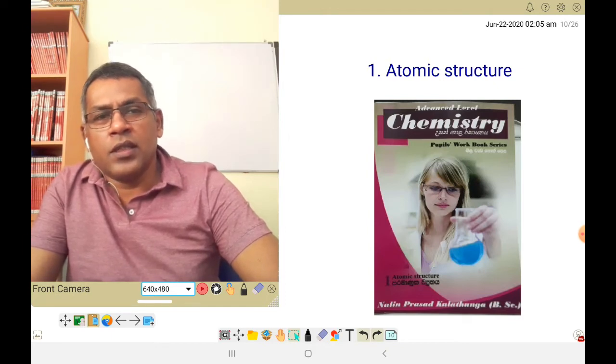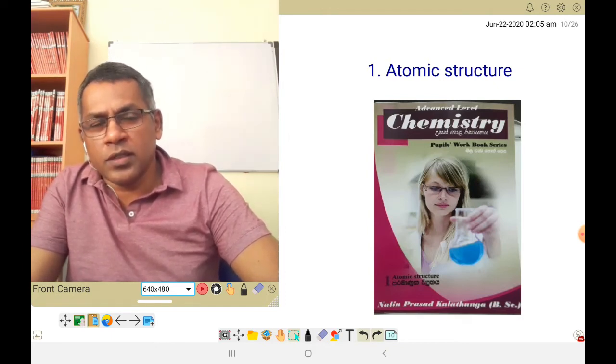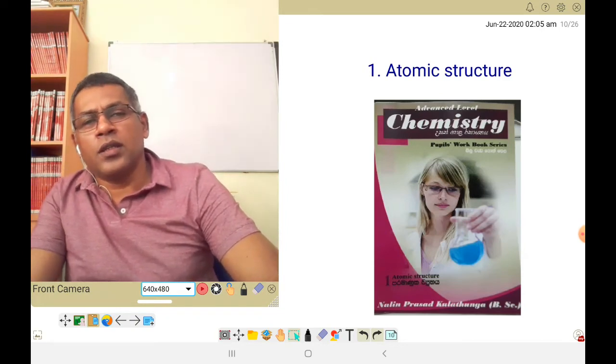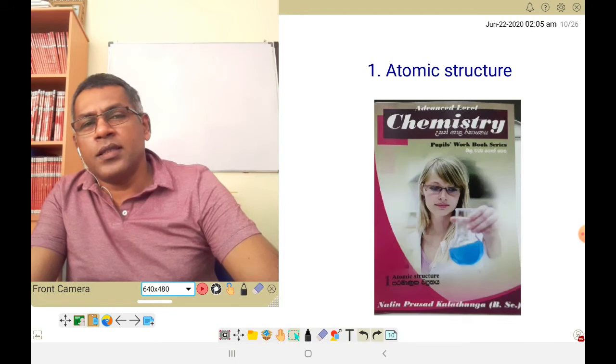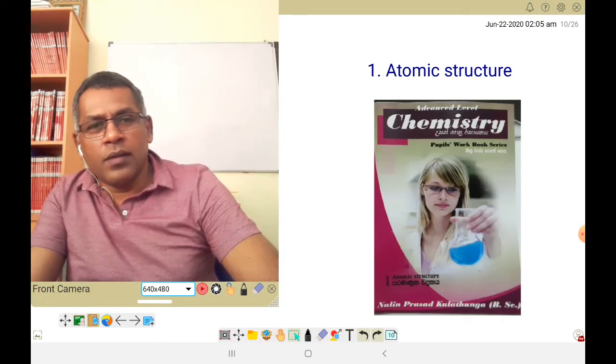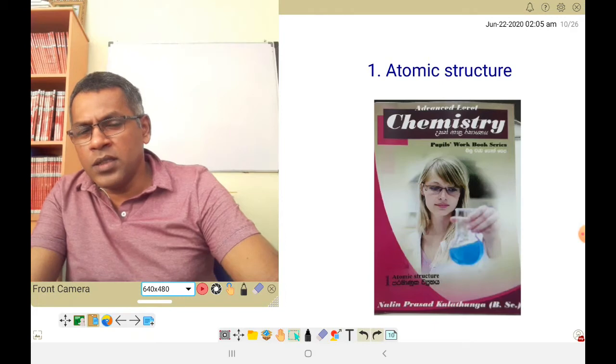The very first unit is atomic structure. Children, in this unit we learn about the atom as the building block of matter. As I said earlier, matter is everything around us. Matter can be seen as elements as well as compounds.